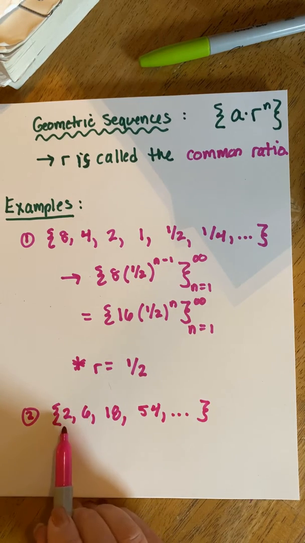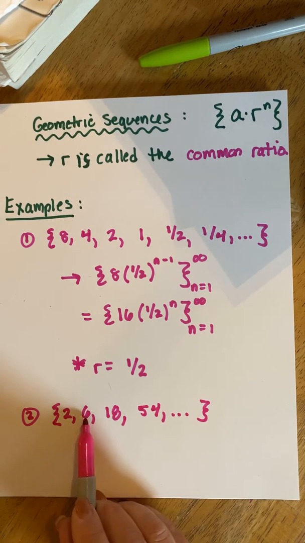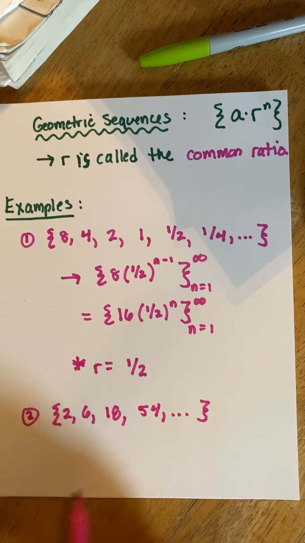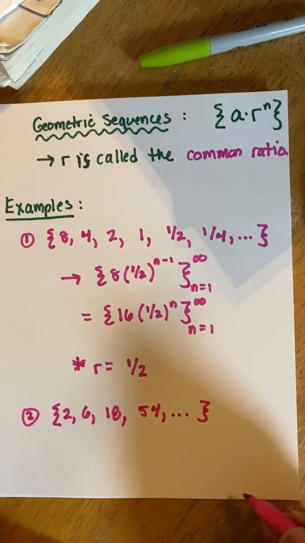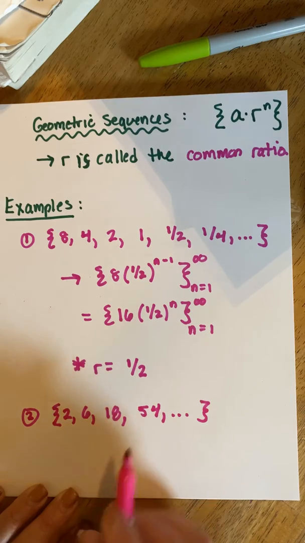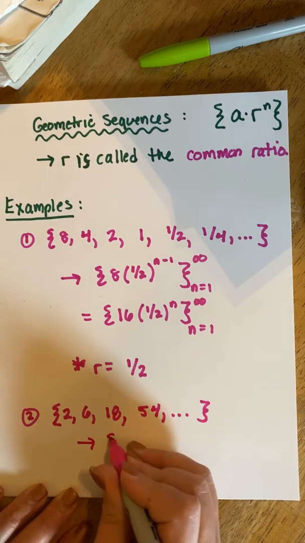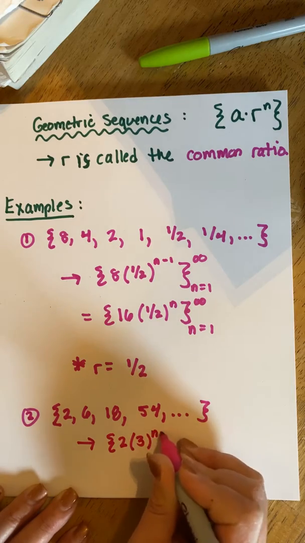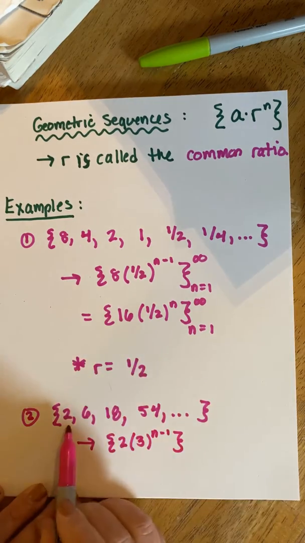That would give me a ratio of 3. 18 divided by 6 would also give me the ratio of 3. 54 divided by 18 is a ratio of 3. So this is a geometric sequence. Common ratio would be 3. So we could write this as first term times 3 to the n minus 1 power to give me the 2 to start with.